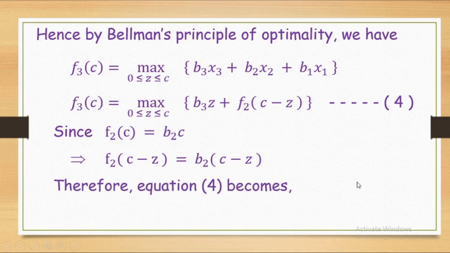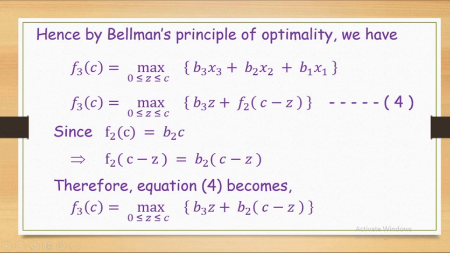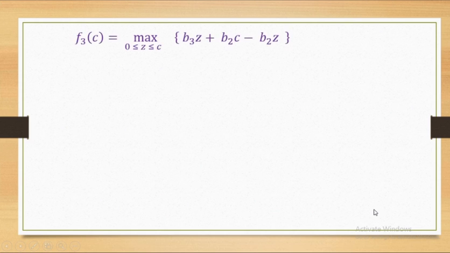Therefore, equation 4 becomes f3 of c is equal to the maximum over 0 less than or equal to z less than or equal to c of b3z plus b2 (c minus z). Then again simplify. We get f3 of c is equal to the maximum over 0 less than or equal to z less than or equal to c of b3z plus b2c minus b2z.